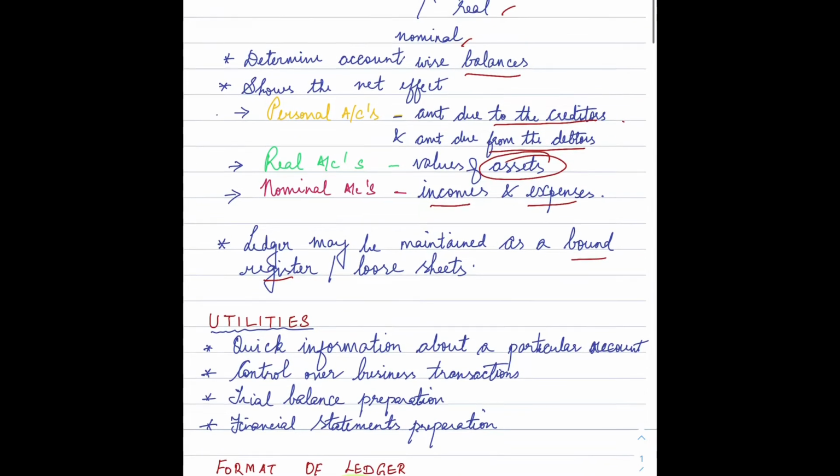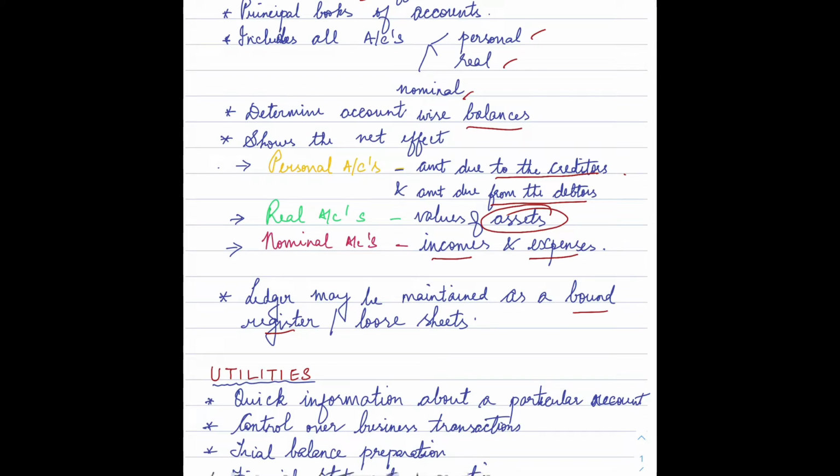Let us quickly look at the utilities of a ledger. First, quick information at a glance of a particular amount. There could be several transactions, and each of these should reveal the balance. Take for example the personal accounts: there may be many creditors and many debtors.